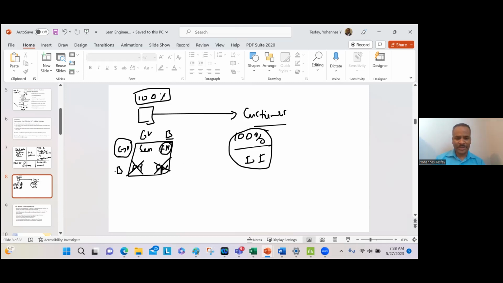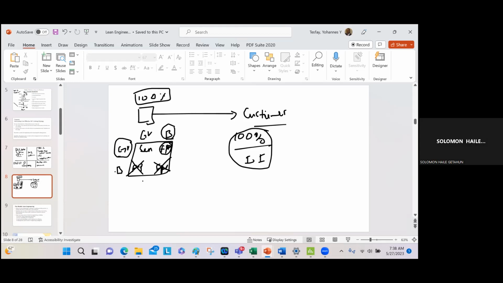False negative. You see, false negative. No, this is false positive. Again, this is false positive. And this is false negative. So this is false positive. I take error.